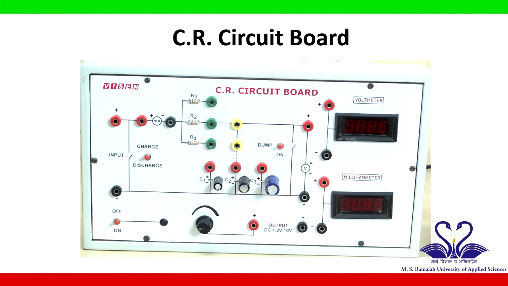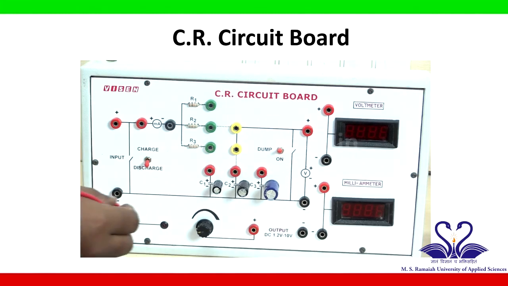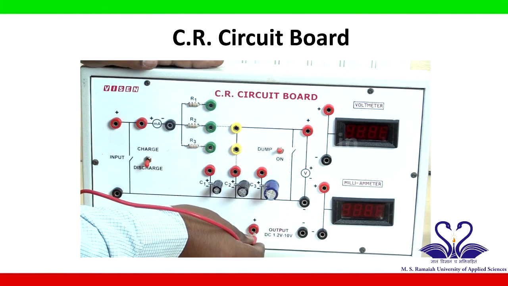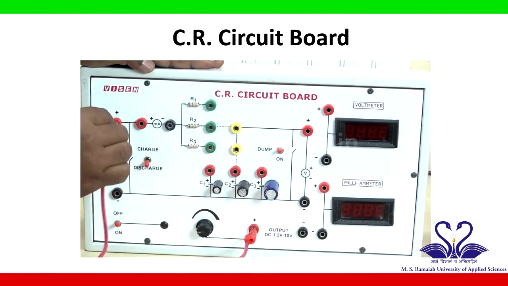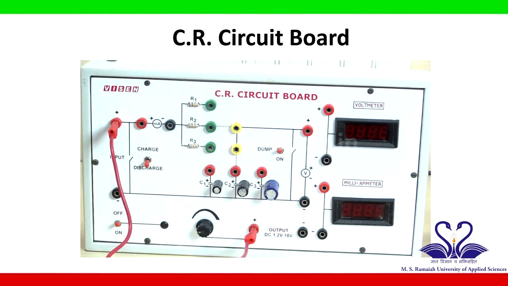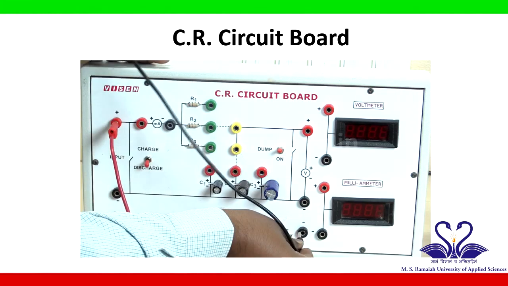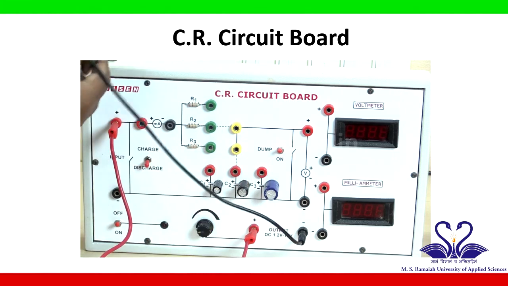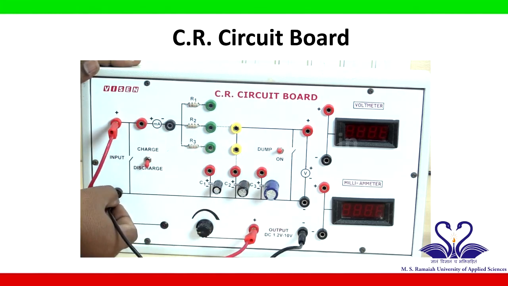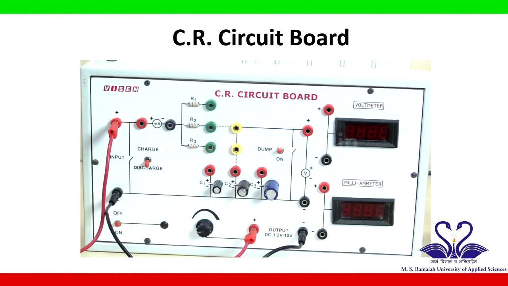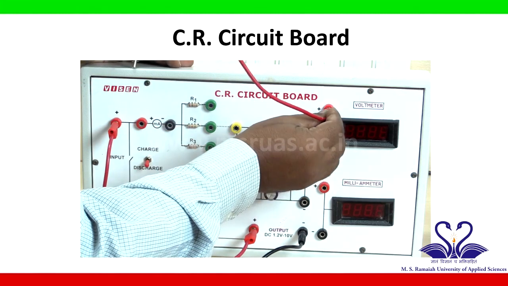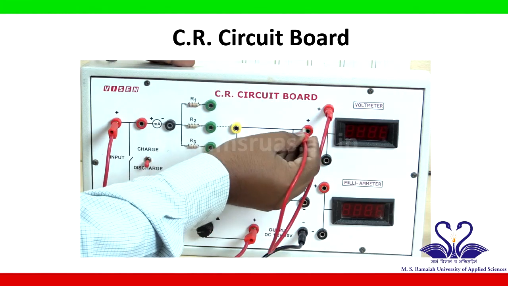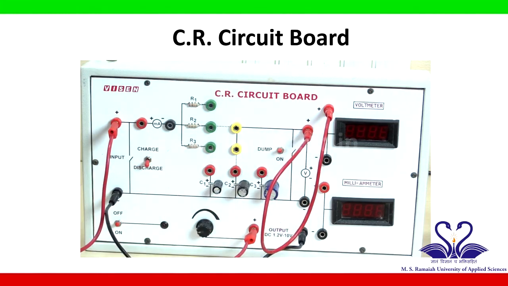Now we will do the circuit connections. Positive of voltmeter will be connected to input positive. Negative of voltmeter will be connected to negative of the input. Voltmeter positive will be connected to voltmeter positive.